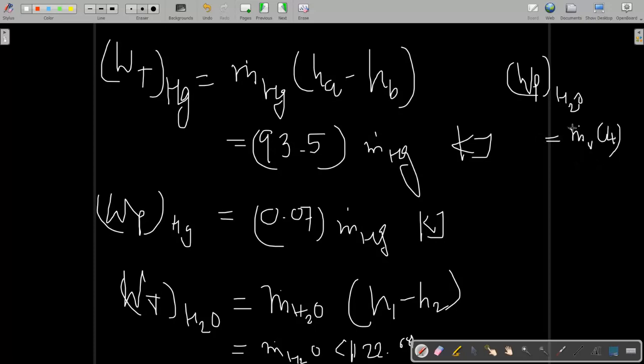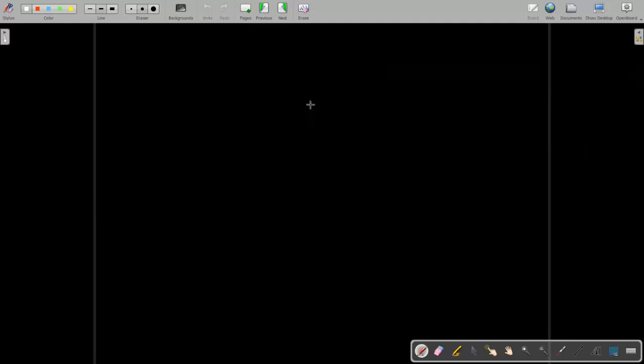We have already found it. Just go back and look at the enthalpy values when we found enthalpy at 4 and enthalpy at D. Now we have all the values, just put them into the efficiency equation.